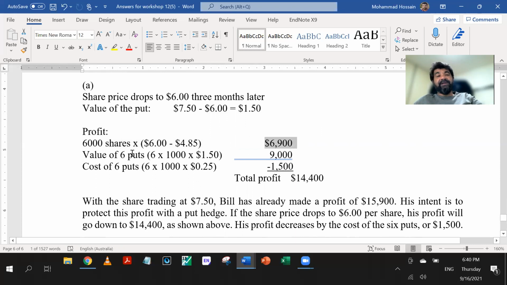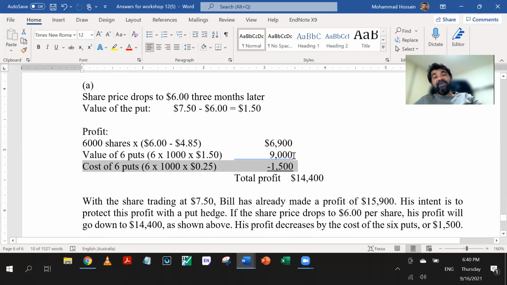Okay, sorry, 6,000 shares times 6 minus 4.85 is $6,900. The value of the 6 puts is $9,000. The cost of the 6 puts is 0.25 multiplied by 6,000 shares, $1,500.